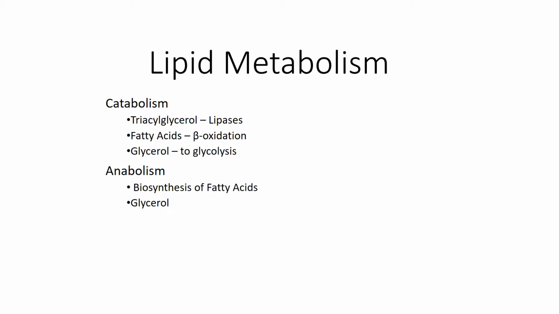Our primary sources of fatty acids for oxidation are going to be from our diets or mobilization from our cellular stores. Fatty acids are stored as triacylglycerols in adipose tissue. Some of us have more of that than others. I'm one of those. But at any rate, those fatty acids stored as triacylglycerols can be mobilized for use by peripheral tissues.